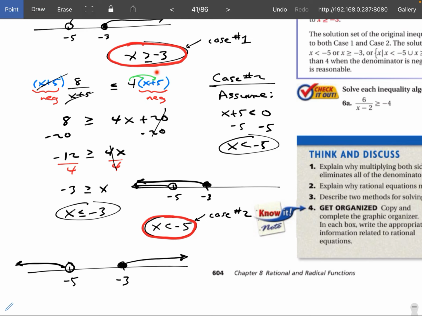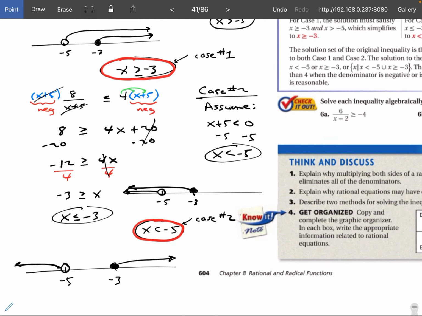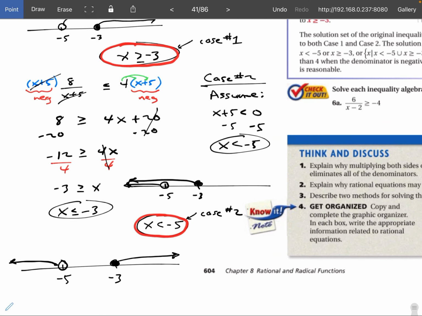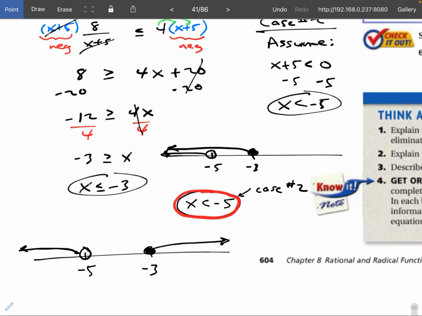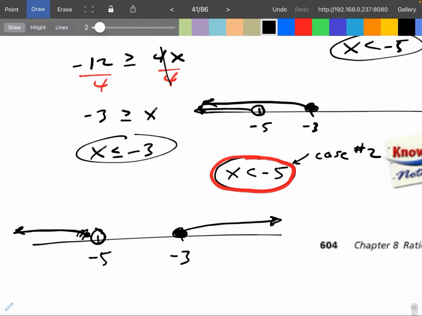Again, I want all the real numbers x that make this one true or this one true. So that's anywhere that's shaded on the number line. So all I've got to describe is what I've got shaded in right there. Let's see if I can get a little bit more room here. That's probably about all I can get. Okay, so then I'm going to write my final answer.